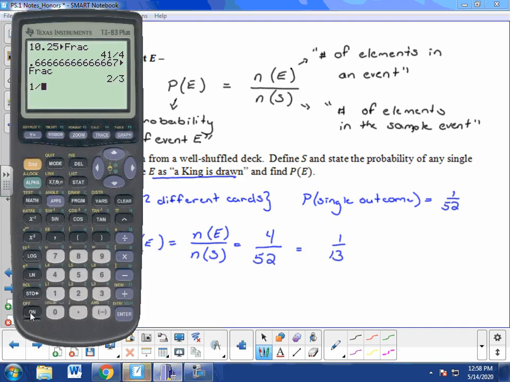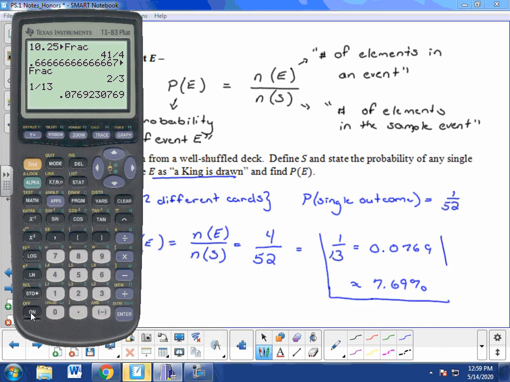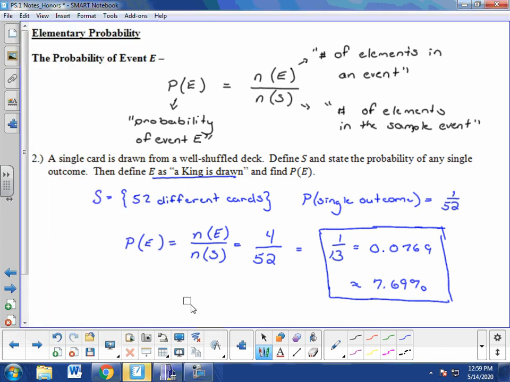So 1 over 13, I'm going to carry this out to 4 decimals, would be approximately 0.0769, which is approximately 7.69%. So the probability of drawing a king from any one normal deck is a 1 in 13 chance, or 7.69%.